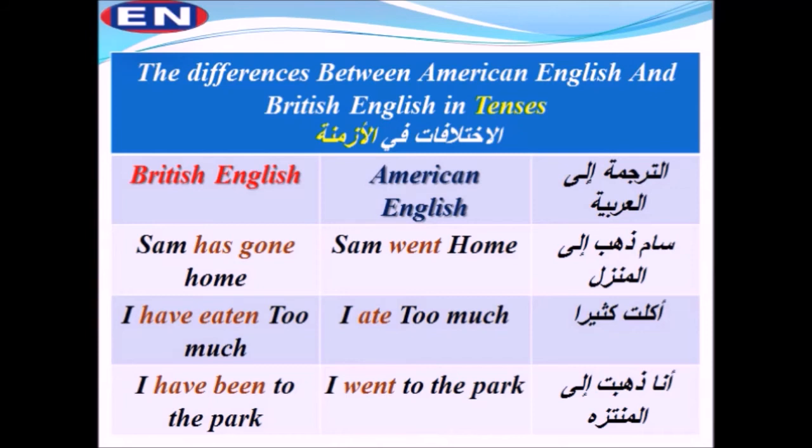In British English we say I have eaten too much, while in America they say I ate too much. The last example, I have been to the park. This one in British English, but in American English, I went to the park.